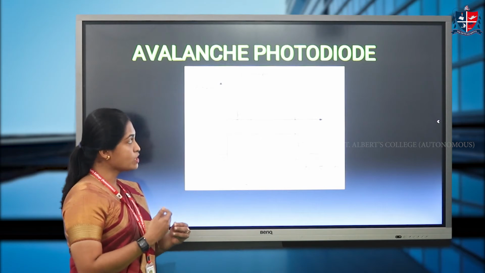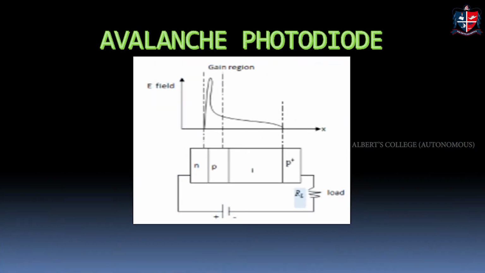The charge carriers moving with very high kinetic energy can collide with neutral atoms in the crystal, and it will cause electron hole pair creation. Because of the collision with the neutral atoms, the electron will get free from the neutral atoms, and it will create a hole in the valence band.